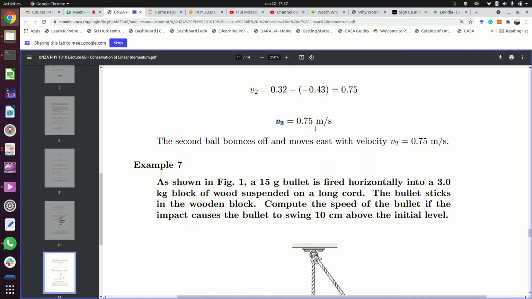So the second mass will bounce against the first mass, and it will move east. But as it is moving east, it is going to move east with the velocity of the first ball. So what actually happens here is that, as you can see, these two identical balls exchange velocities.